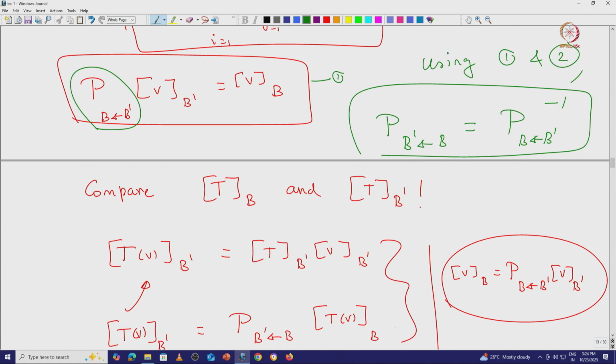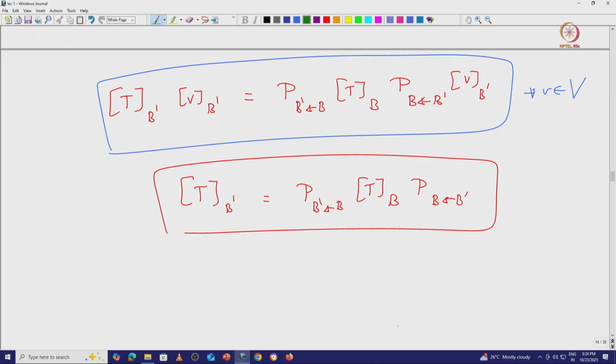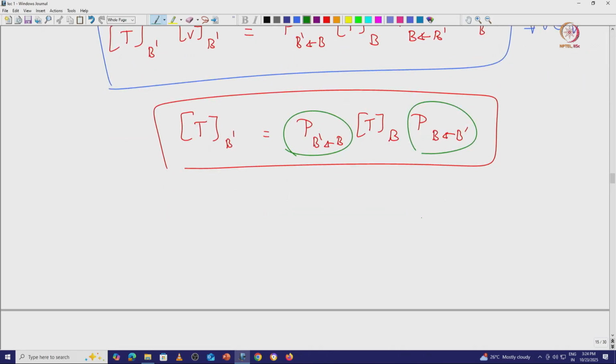So, if you use this information in the equation that we have proved now, you can see that these are nothing but inverses of each other. So, that means the matrix representations of T with respect to two bases, they are similar. The similarity is obtained by this change of basis matrix.